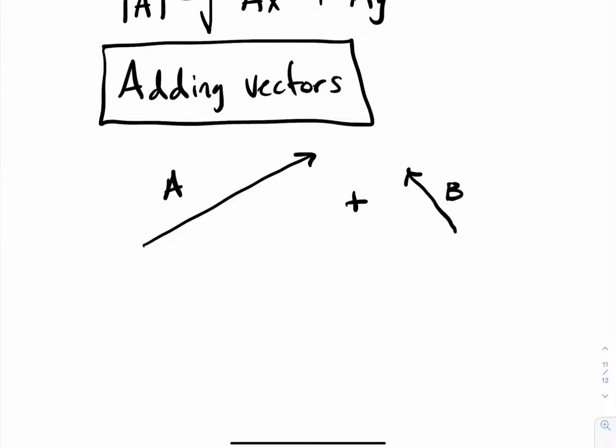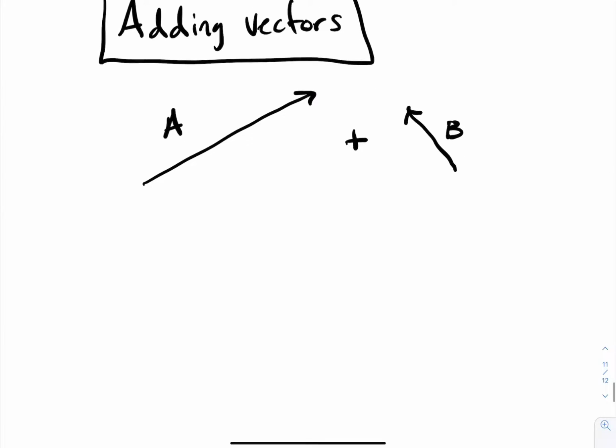And so what we really can do whenever we add vectors, there are a couple ways to do it. We really do it diagrammatically, and I'd like to show you that first, but that will give way to the mathematical form. So we'll say diagrammatically.